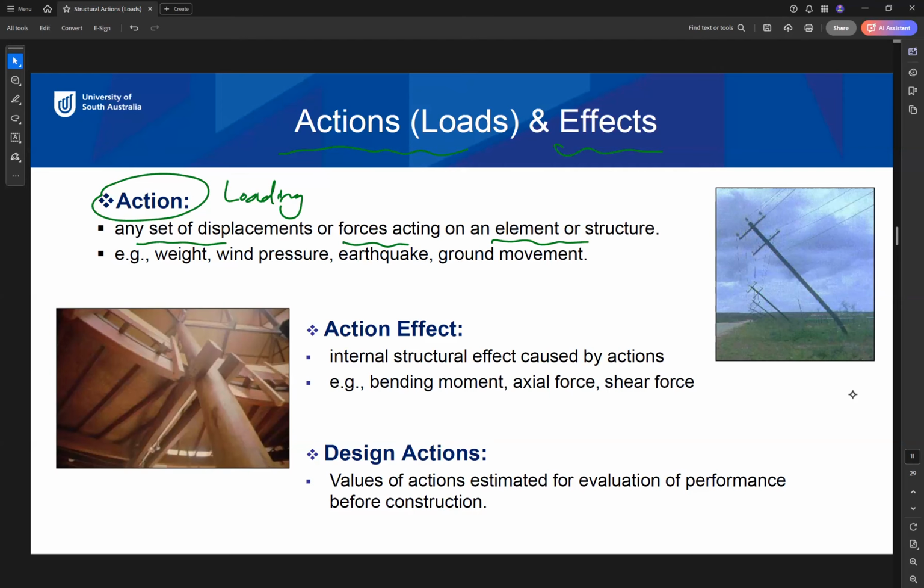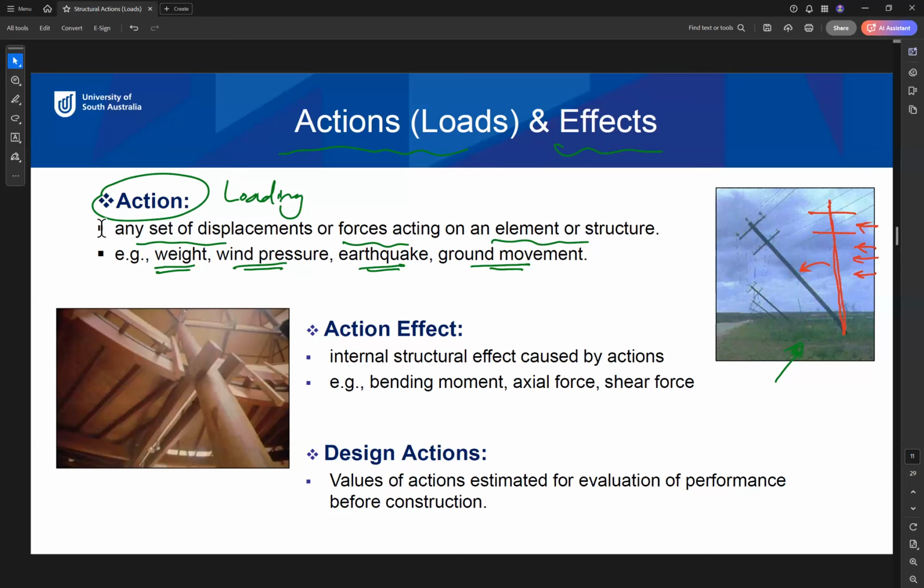So any displacement or forces applied to an element or structure is considered an action, for example weight, wind pressure, earthquakes or ground movement. If you look at this figure here, the actual electricity pole was something like this. Then due to wind, what happened?